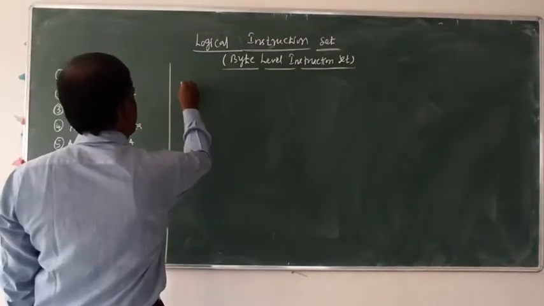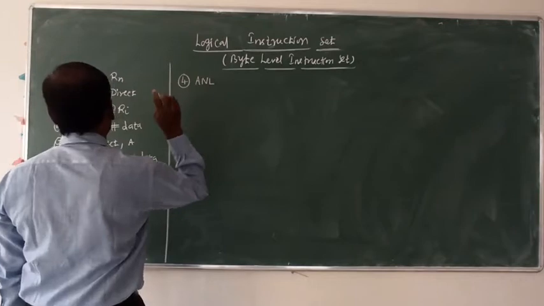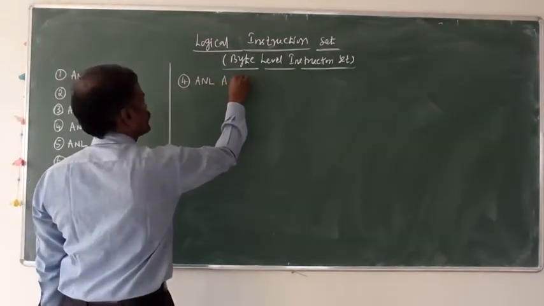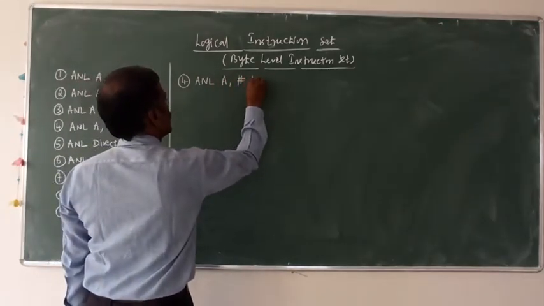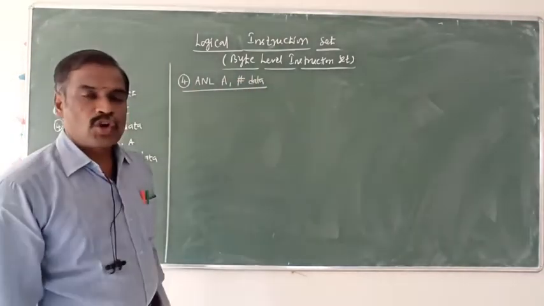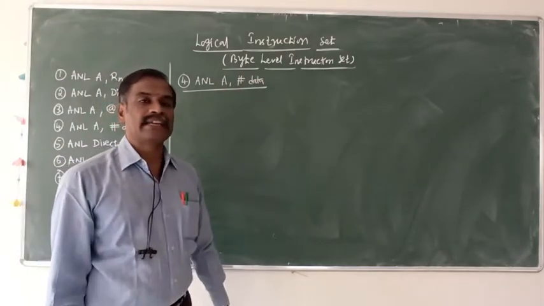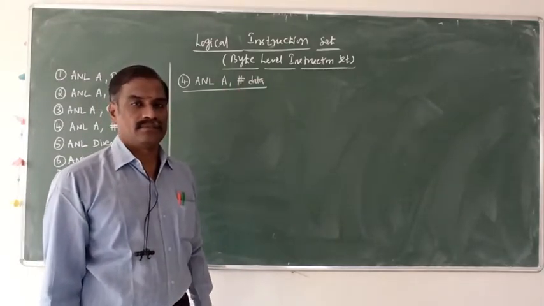Next, the fourth instruction: ANL A comma hash data. This is also logically AND accumulator with immediately given 8-bit data.